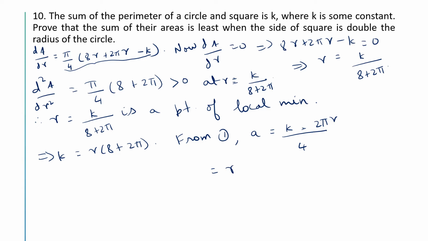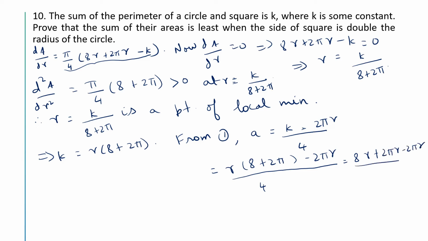So k is nothing but r into 8 plus 2 pi and then minus 2 pi r divided by 4, or it is equal to 8r plus 2 pi r minus 2 pi r divided by 4, or this is equal to 8r by 4, which is nothing but 2r. Therefore we get A equal to 2r.